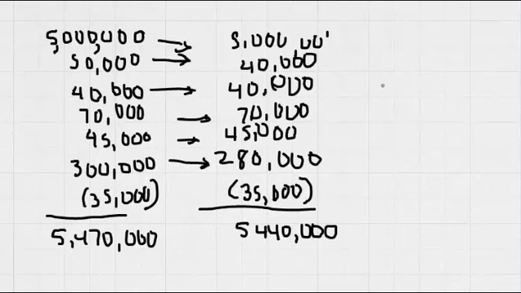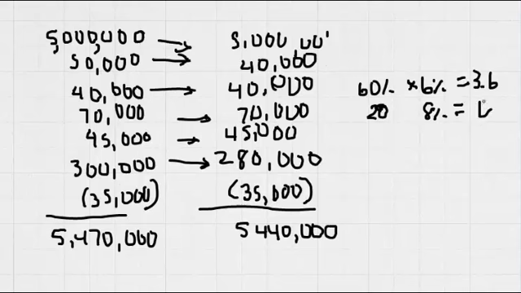So let's just calculate our new rate off to the side. This should be fairly straightforward. We have 60% apportionment times 6%. That's going to be 3.6. We have 20% apportionment in New Jersey times 8%. That is going to be 1.6.